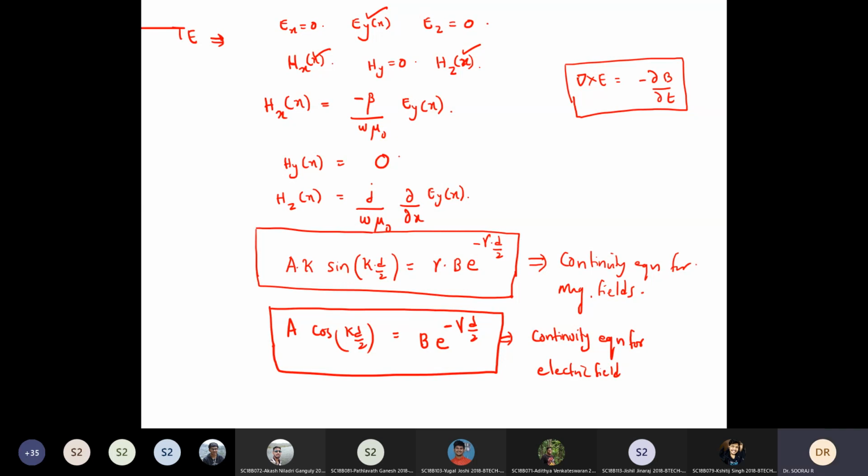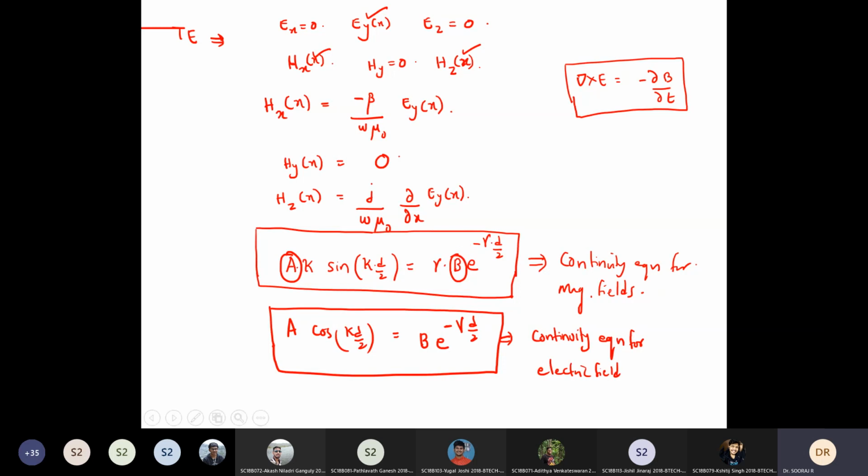Now these two equations, the one for the electric field and one for the magnetic field, you can represent in the form of a matrix, because we have these two constants A and B, and all the other parameters are dependent on the waveguide. So kappa and d and gamma are all waveguide dependent.